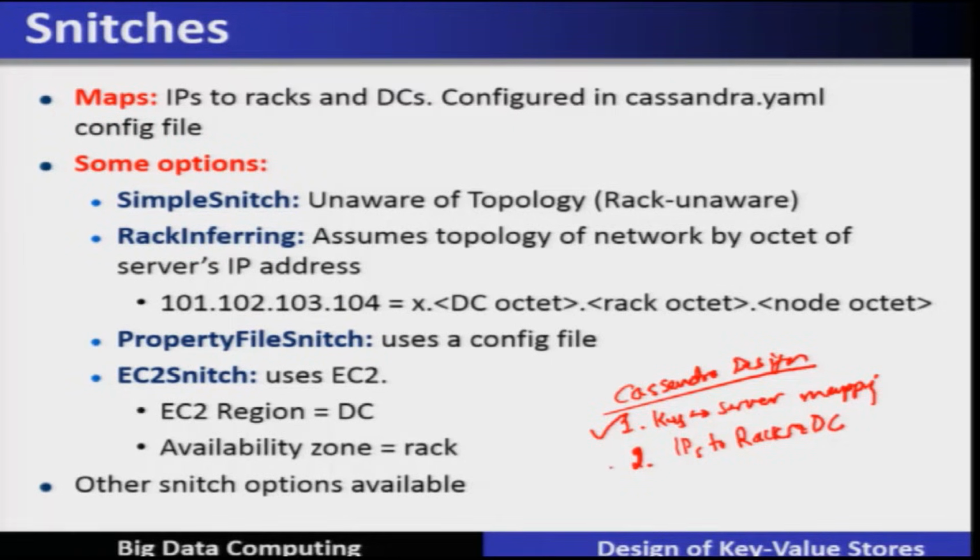Now, we are going to see another design issue, which is how the IPs are mapped to the racks and data center. The mapping of IPs to the racks and data center is done through a technique called snitches.